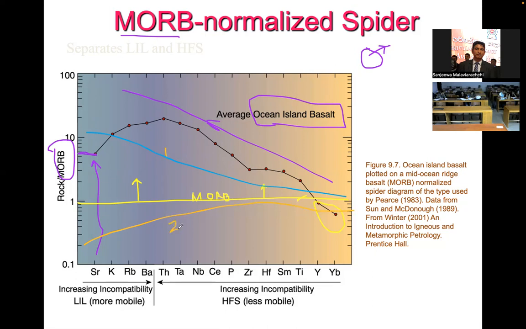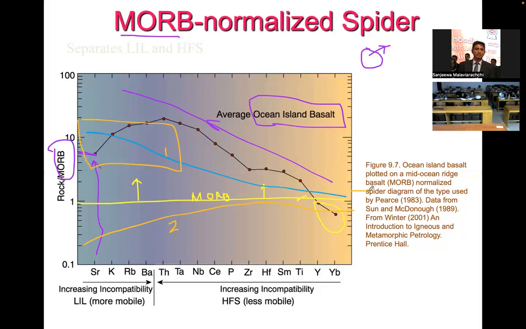Rock number one, what is the pattern? Still you have an incompatible element enriched pattern, right? Because we still see this incompatible element part is enriched. They are showing a marked increase compared to other sites like the compatibles.